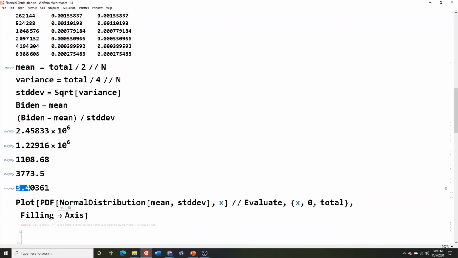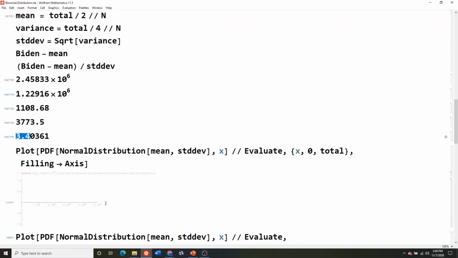So now we can create a normal distribution of what the binomial distribution should be, going from 0 to 5 million with a mean at 2.5 million. But on this scale, we don't even see it because, remember, the width of the Gaussian is roughly proportional to the standard deviation. So on a scale of 5 million, the standard deviation of 1100 doesn't even really show up.